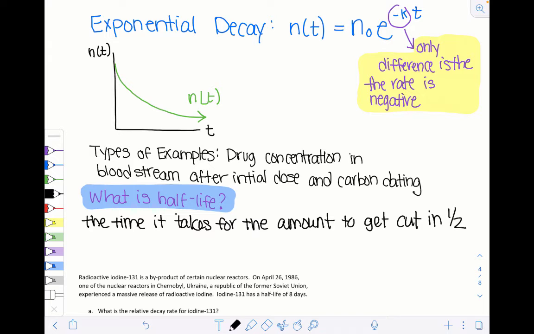So let's say if we think about the drug concentration, so let's say at the initial time, the concentration is 50 milligrams.